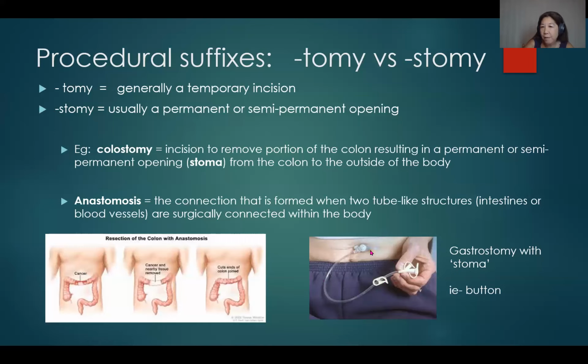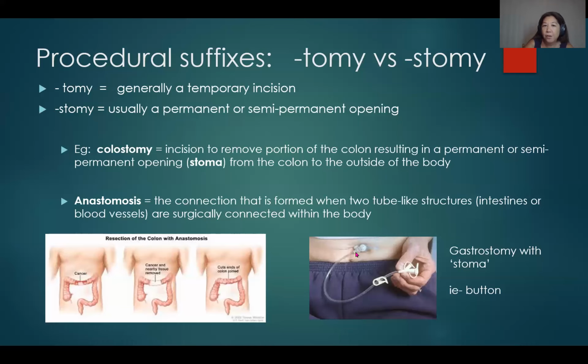So this is often done in patients that can't eat normally by mouth for various reasons. They may have had surgery on the esophagus, or maybe they just want to give the upper GI tract a bit of a rest, and in which case they want to tube feed the patient.